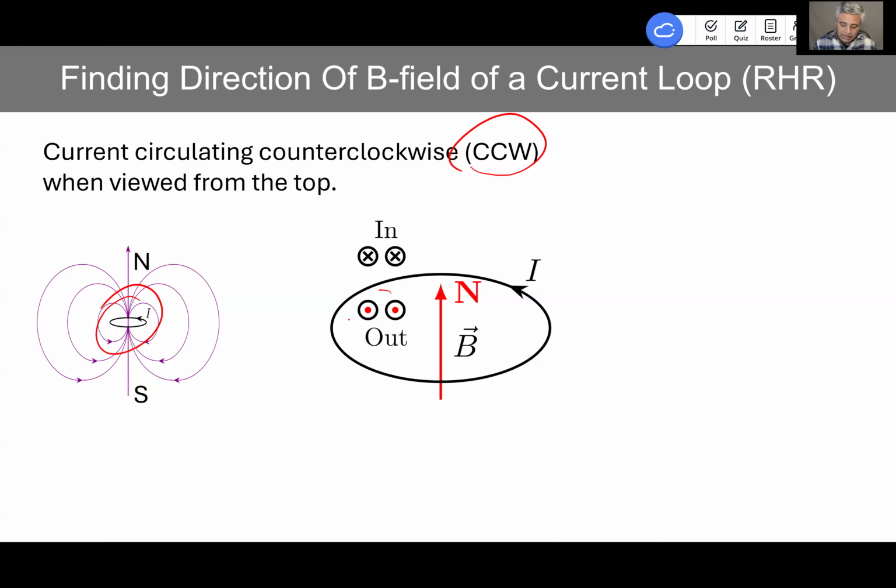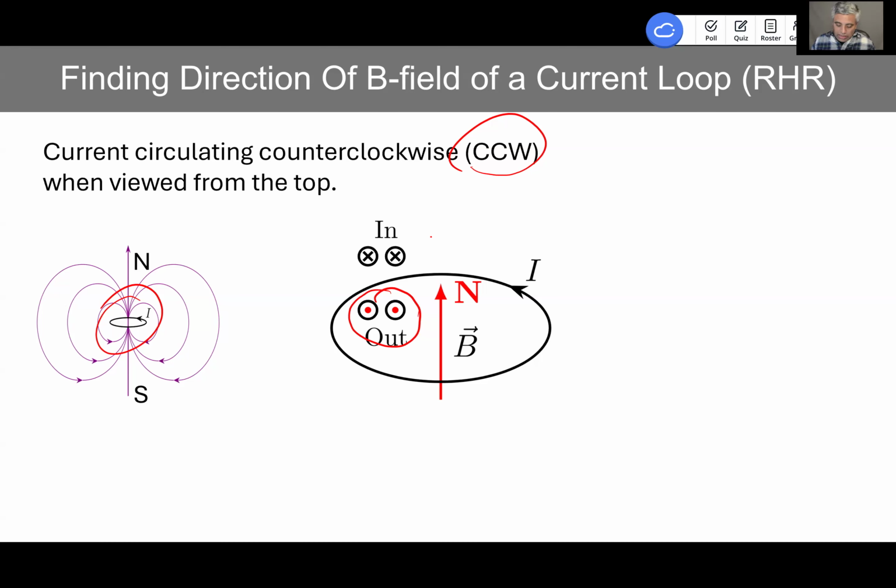The field lines are coming out from inside the loop, and then they are circling, going around like that. If it's going counterclockwise like this, the field lines are coming out like that, and they go around and come in like that, okay?